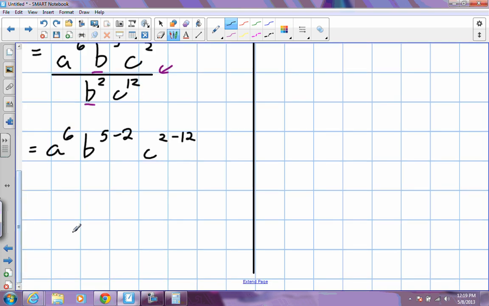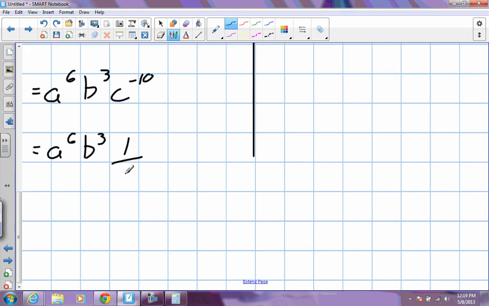When we simplify that, a to the 6, b to the 3, and c to the negative 10. And if we wanted to make that positive, we would invert that number, right? So another way we could write that is with c in the denominator to the power of 10.